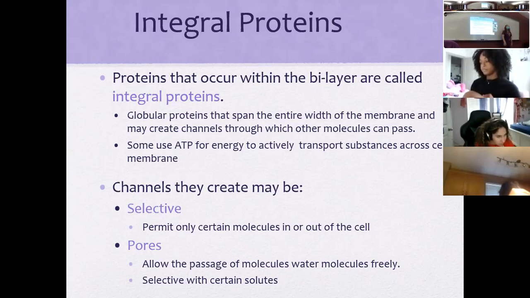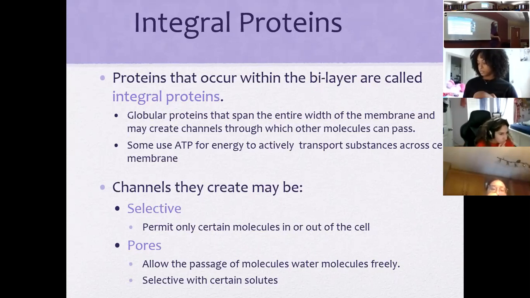I am going to be very particular about what gets to go in and out of these selective channels. Pores, however, pretty much general admission. As long as you got a ticket, you can come in. Now, this does not mean open season for everything coming in. You still have to belong, but it's going to be a lot less judicious as far as who it lets in and out of the cell.